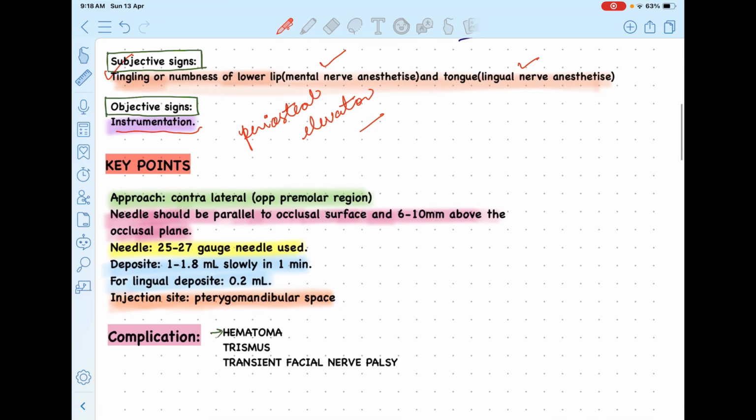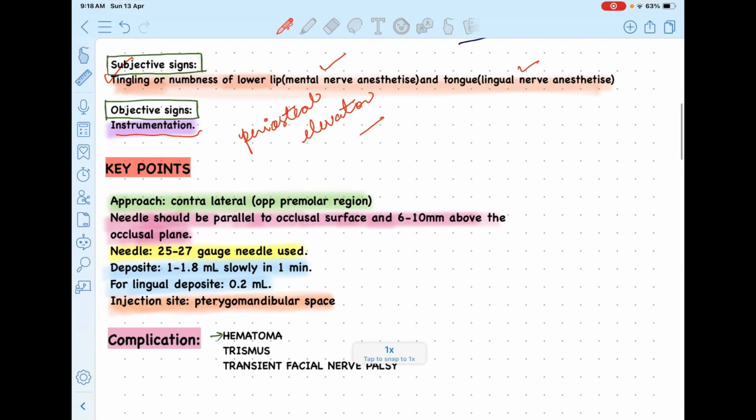Okay. Now let's see certain key points. These key points are very important, and these are frequently asked in Viva. So what will be the approach if you are giving the inferior alveolar nerve block?